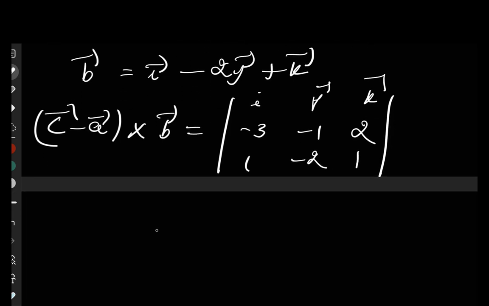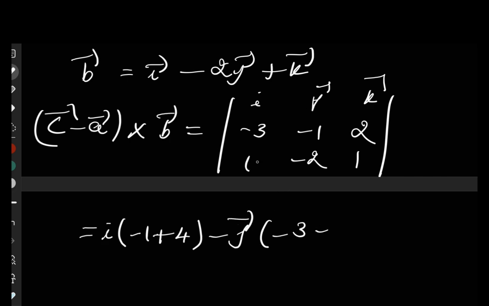So you will get here i into minus 1 minus 2 plus 2, that is plus 4, minus of minus 4 plus 4, minus j into minus 3 minus 2, plus k into 6 minus 1, that is plus 1.